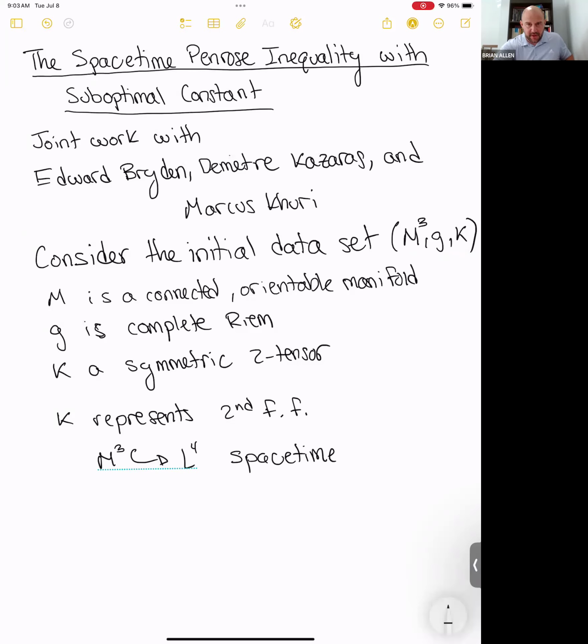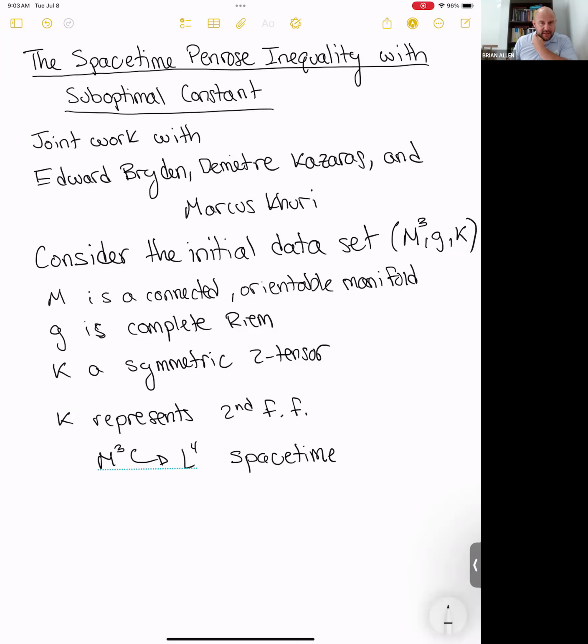But for the most part, I won't really need this setting, though of course it's satisfying to be aware that everything is being analyzed in terms of this spacetime. We're just simplifying things down.